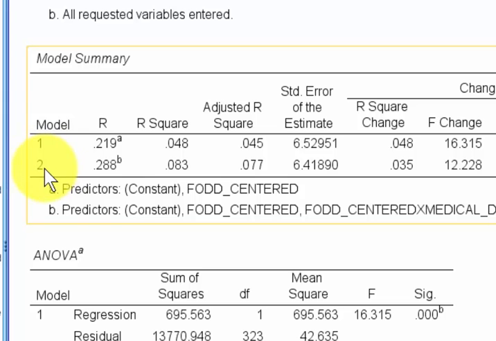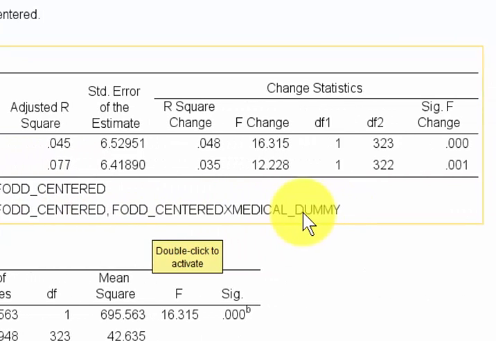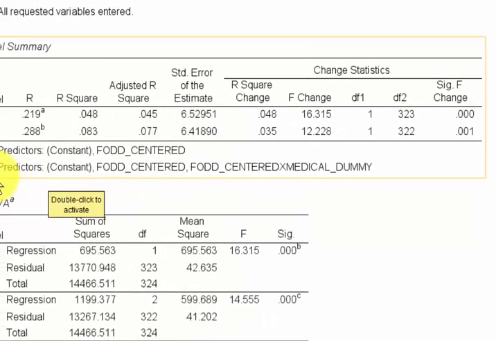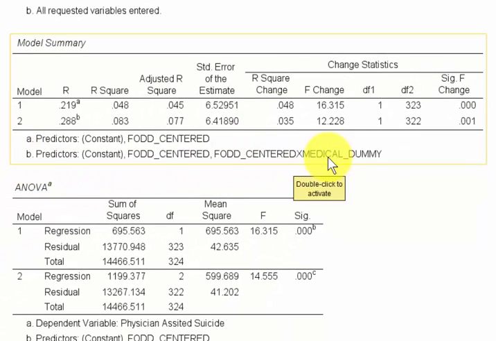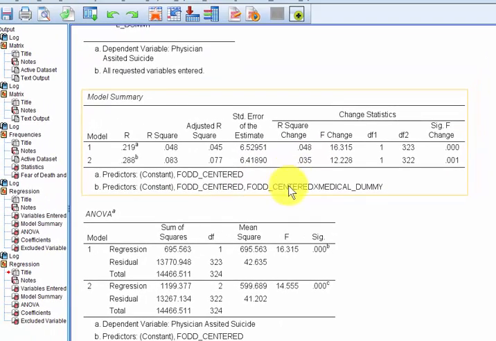The second row, this data right here, is strictly for the dummy coded medical guys only, and it says it is significant. And you'll notice that the third thing that I put in there, the mental dummy, did not show up, and that's just an SPSS thing because when you're dummy coding, it knows to leave one off.